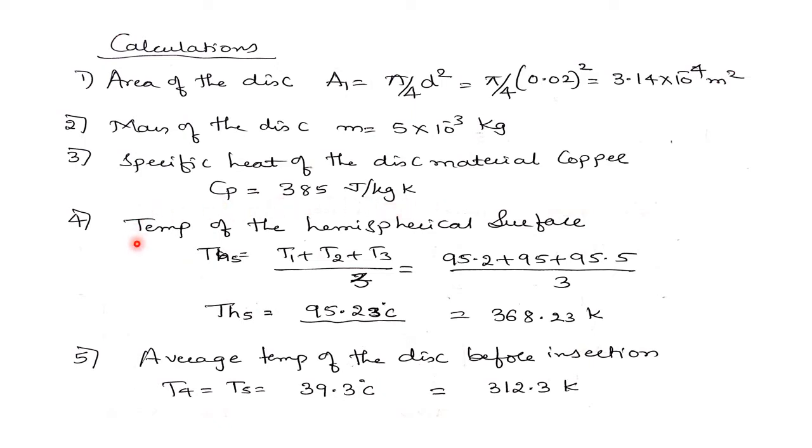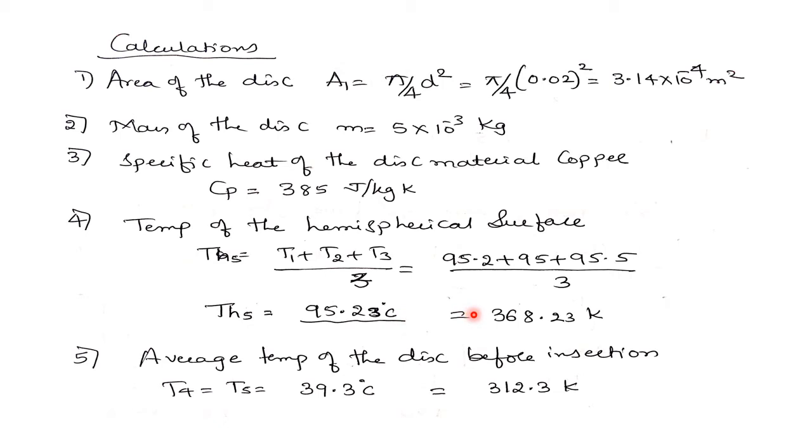Now let us calculate the average temperature of this hemispherical surface, indicated by T of HS. It is T1 plus T2 plus T3 divided by 3. So T1 is 95.2 plus 95 plus 95.5 divided by 3. So the average temperature of the hemispherical surface is around 95.23 degrees centigrade.